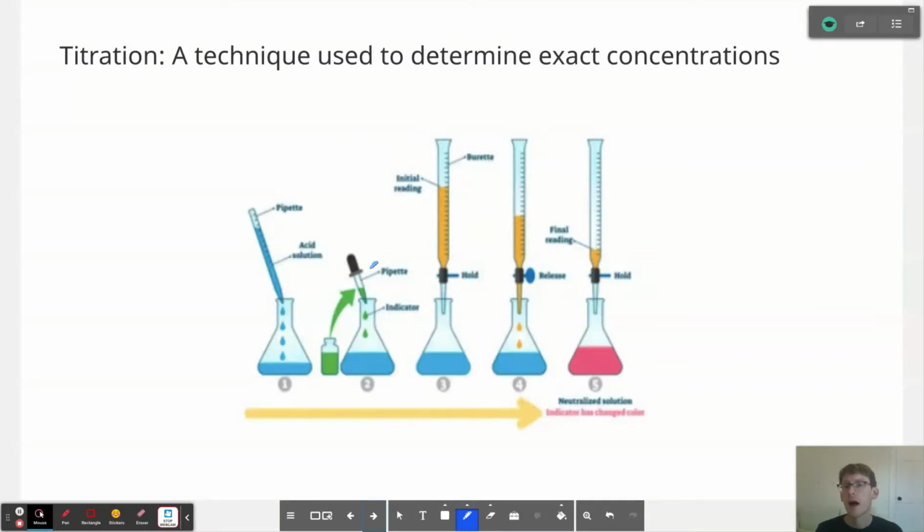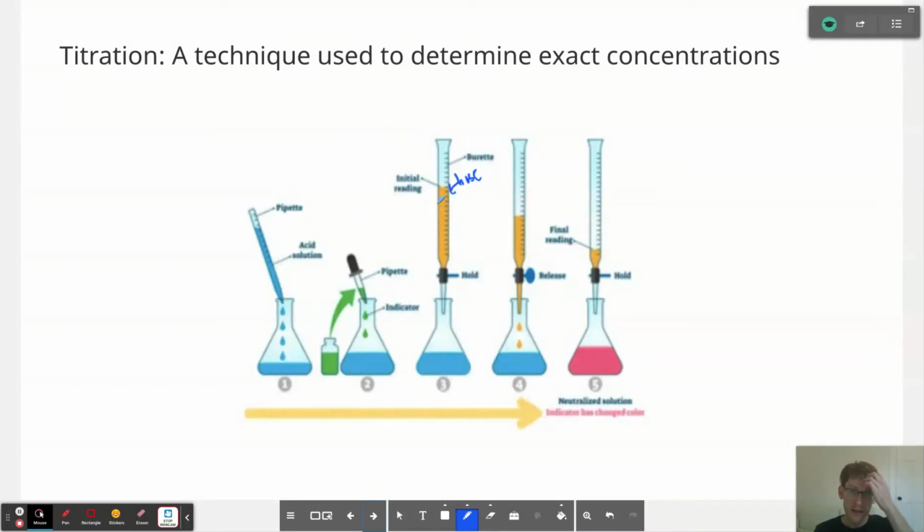Then you can put a burette above the flask, and there's an initial reading on the burette, and you can figure out exactly where that line is. And what is in the burette will be a base. So there's a base in here, and that base has a known concentration.